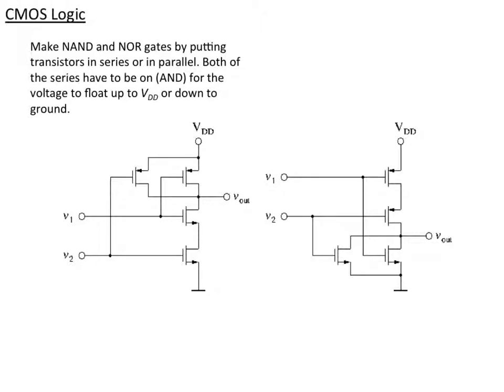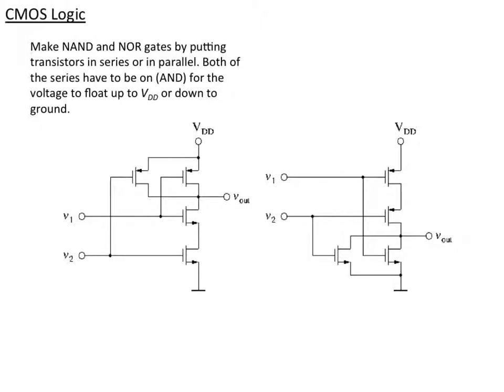One can also then use these to make NAND and NOR gates by putting these NMOS and PMOS transistors either in parallel or in series. So in this case, we can look at this one. I believe this is the NAND gate.